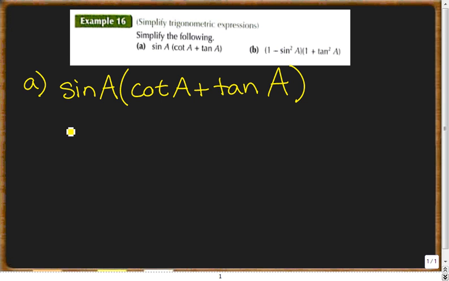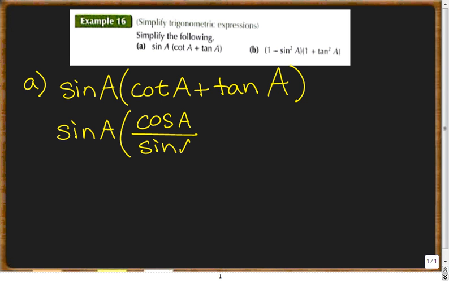I'm going to leave the sine alone, and I'm going to convert the cotangent to the cosine of A over the sine of A. And I'm going to convert my tangent to the sine of A over the cosine of A.